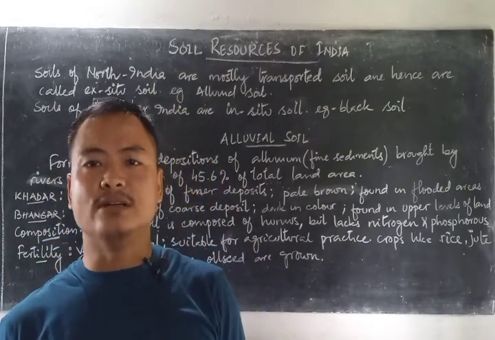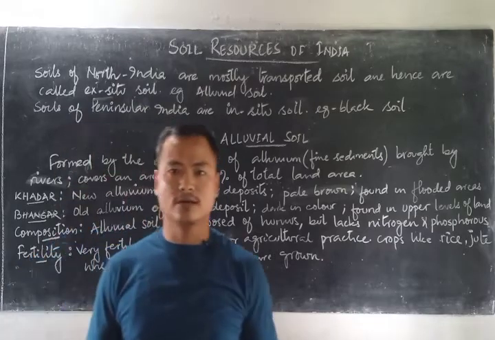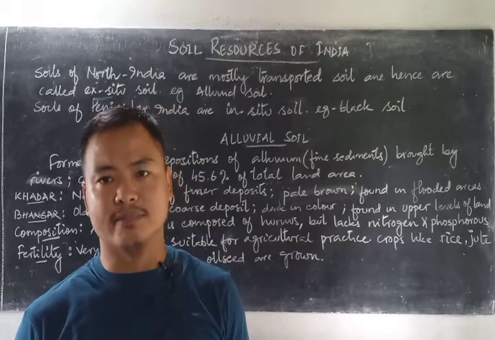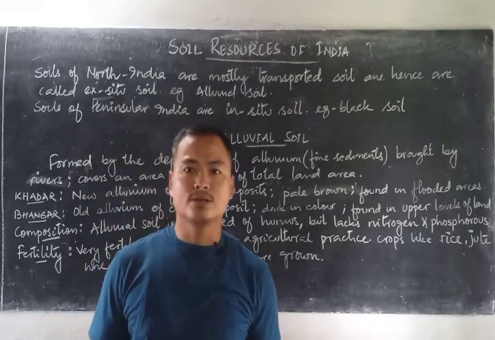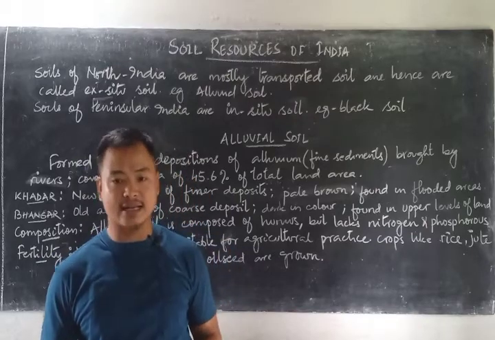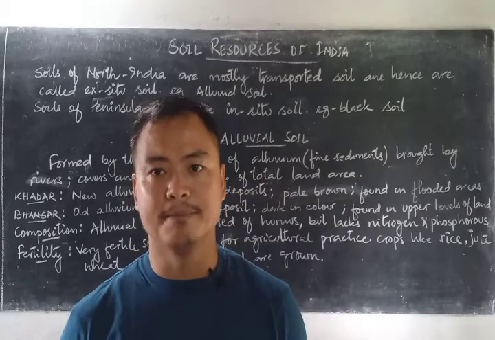While the soils of South India are mostly formed by weathering of rocks like igneous and metamorphic, so they do not get transported very far away. In fact, we can say that they are deposited in the place of their own origin.